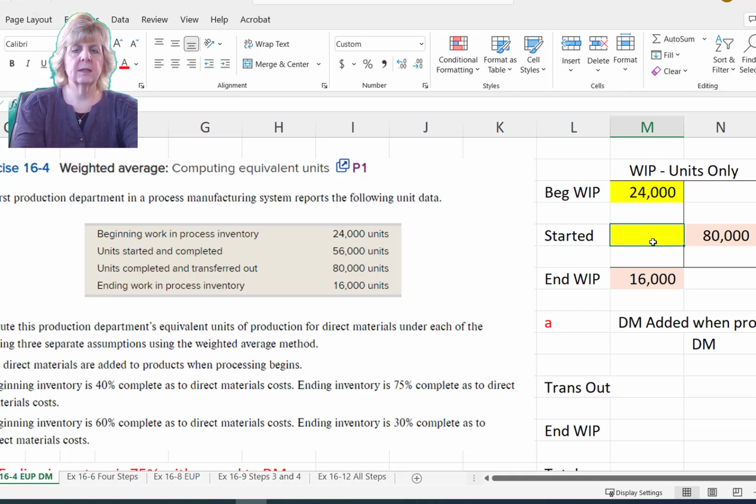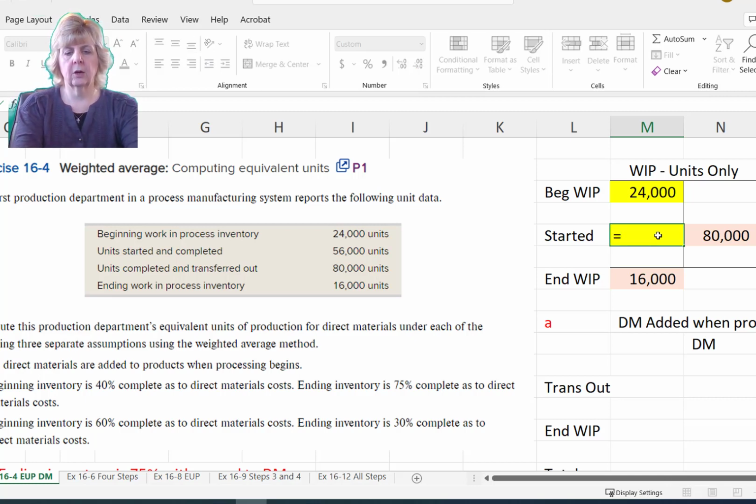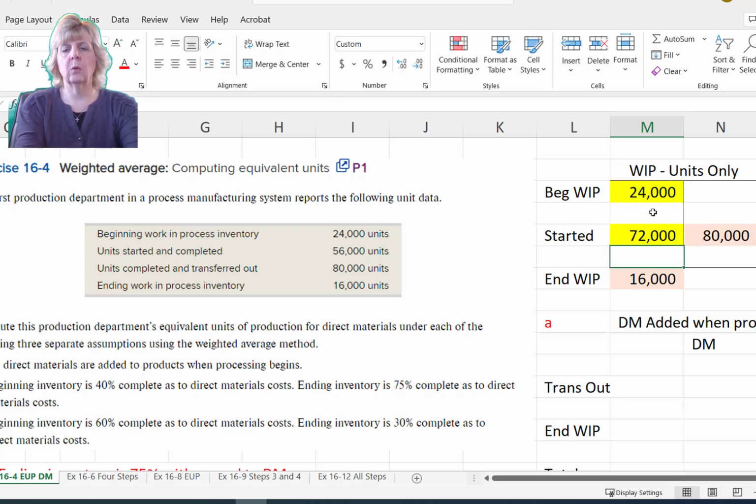So although they didn't ask you explicitly in this question to compute that started figure, we're going to get ourselves in a rhythm each and every time by following the same steps. So I'm going to go ahead and calculate that. That would be the 96,000 in the orange boxes less the 24,000 units sitting in beginning WIP.